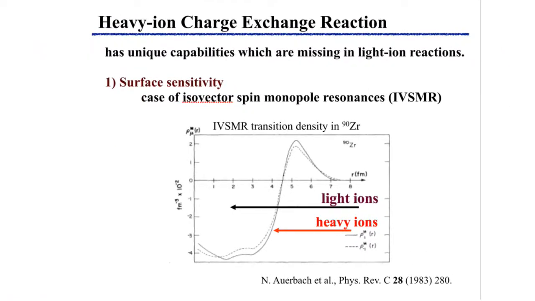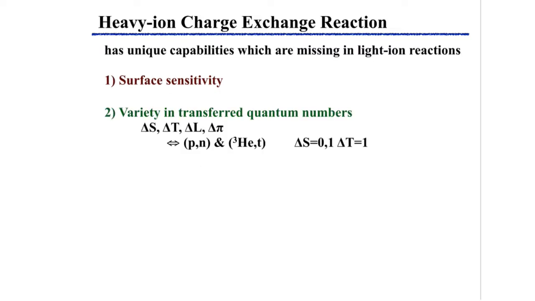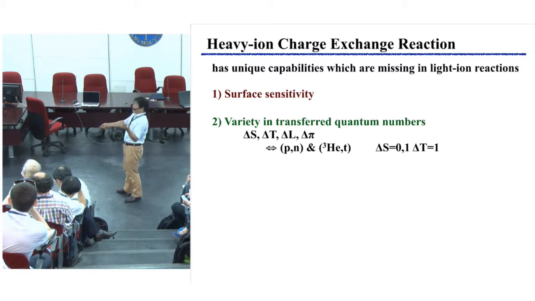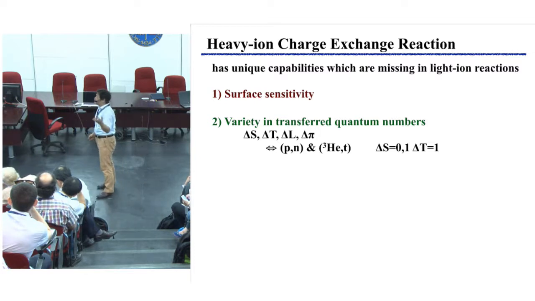And the second one is the variety in transferred quantum numbers available with a heavy ion charge exchange reaction. This is a good contrast to the case of the PN and helium-3 reactions, which are limited to spin and isospin transfer of 0 or 1. I will show you an example later.